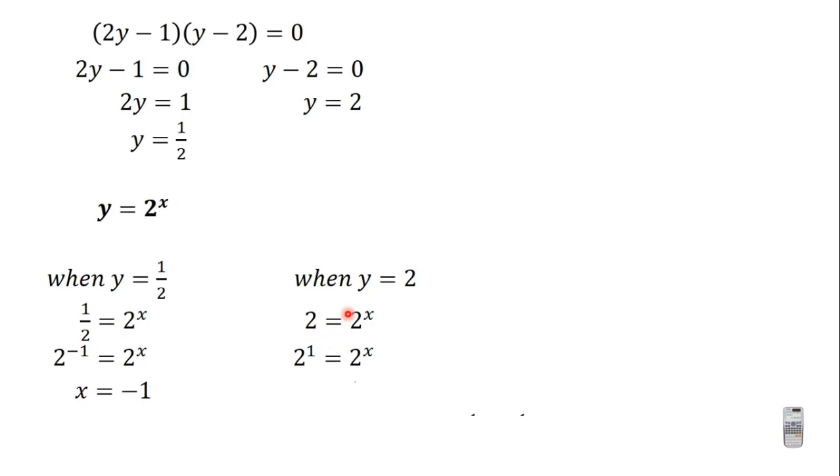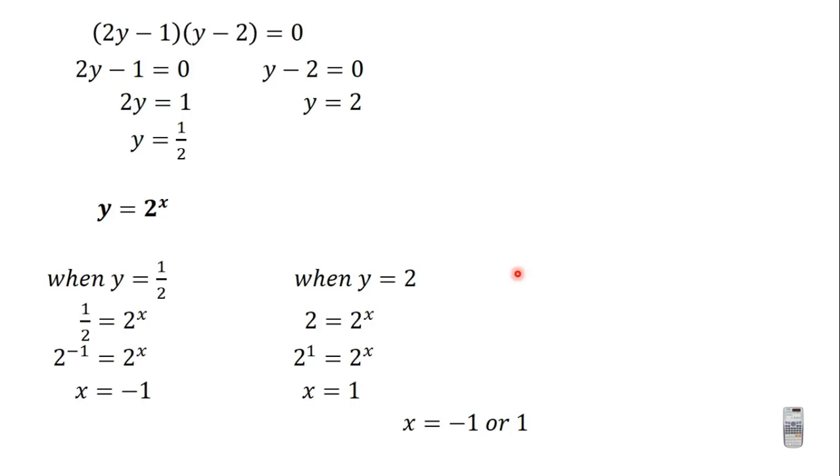So you have 2 exponent 1 is equal to 2 exponent x. The base on the left hand side is 2. The base on the right hand side is 2. So you can equate the exponents. So x is equal to 1. So solving this quadratic equation, we have been able to find x as minus 1 or 1.